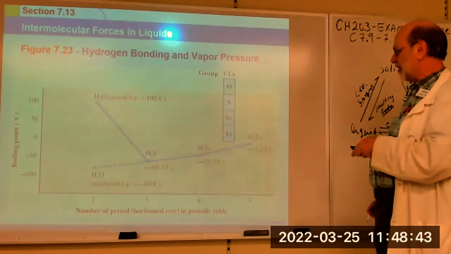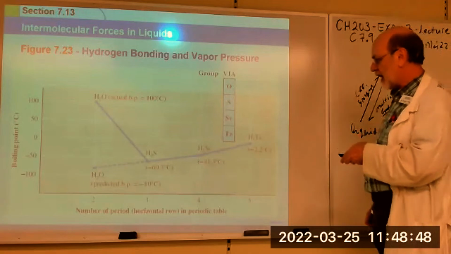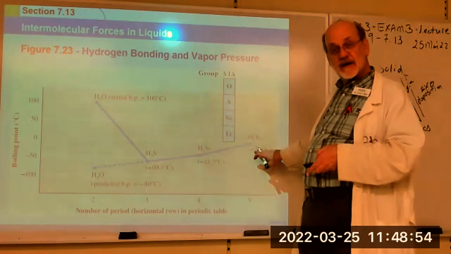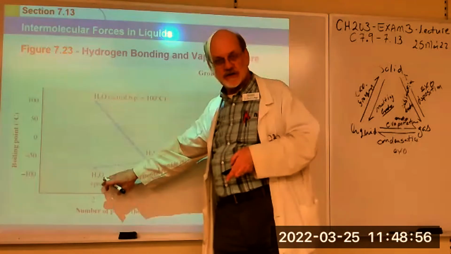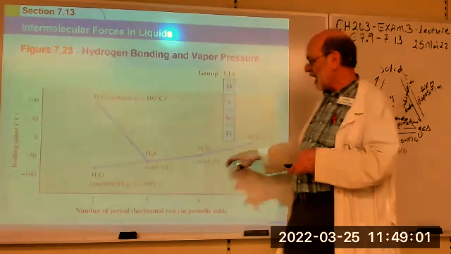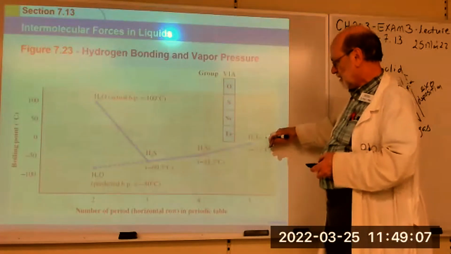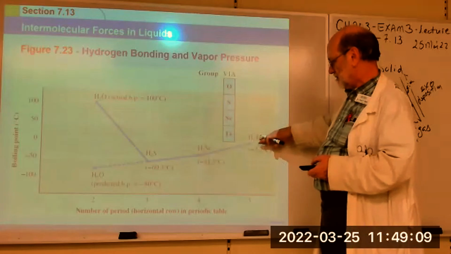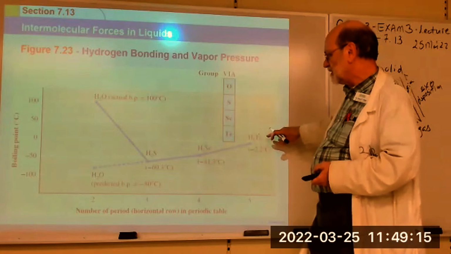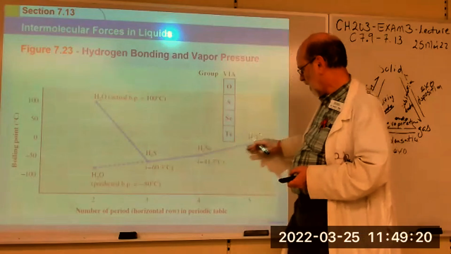Here's an example, hydrogen bonding effect. If we look at the hydrides of the members of the chalcogens, the oxygen family, that would be oxygen, sulfur, selenium, tellurium. The dihydrides of each one of these, we find that the boiling point actually decreases as you get smaller and smaller.